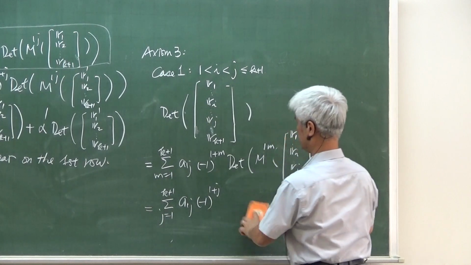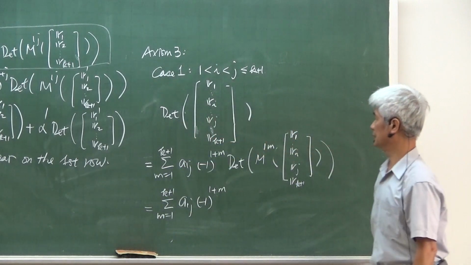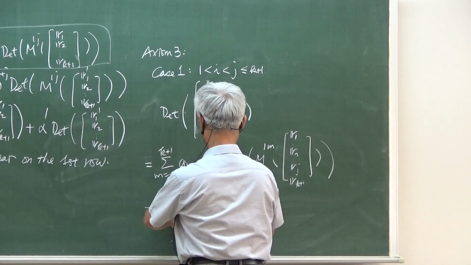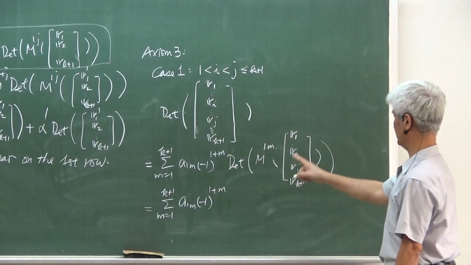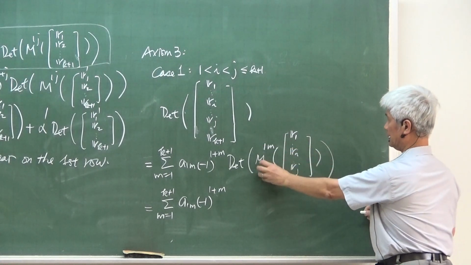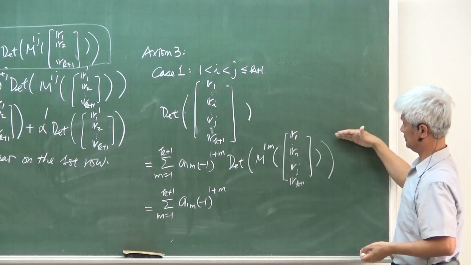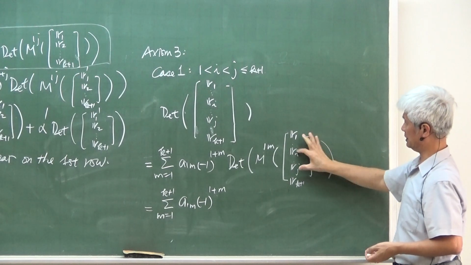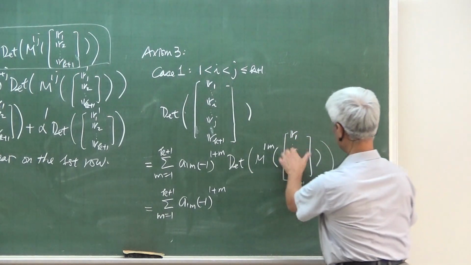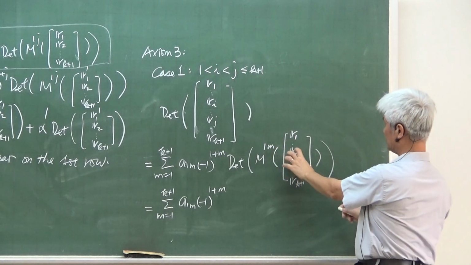All right. So because M1n, we will remove the first row, but keep the i-th and the j-th rows. So if we exchange them, the corresponding two rows of the minor will also change.